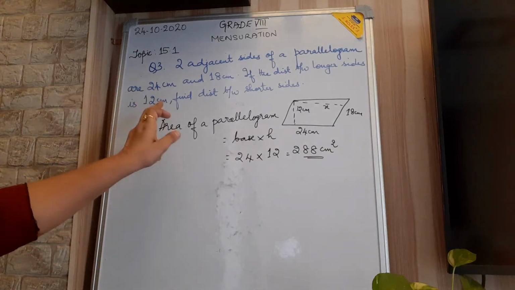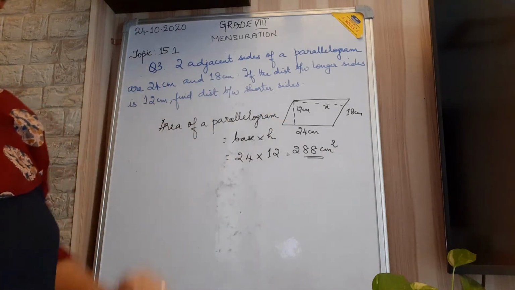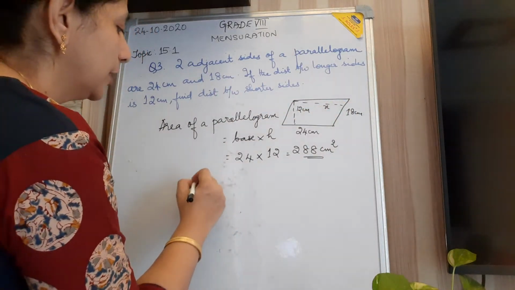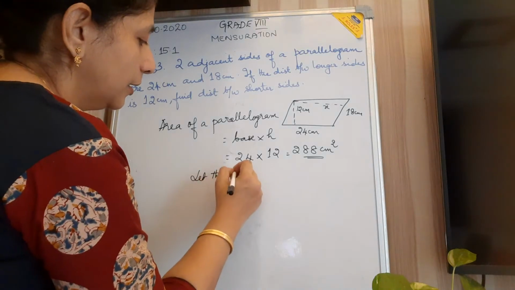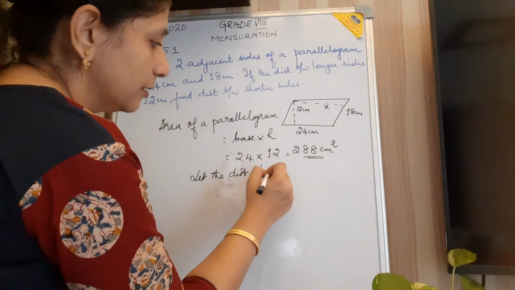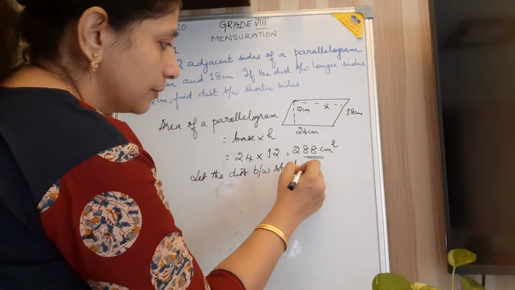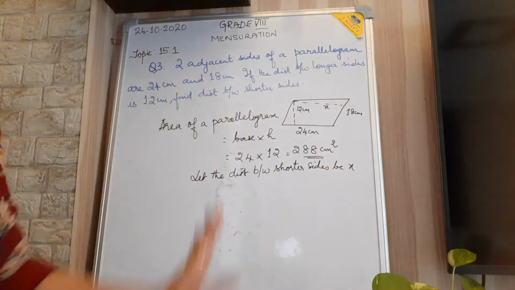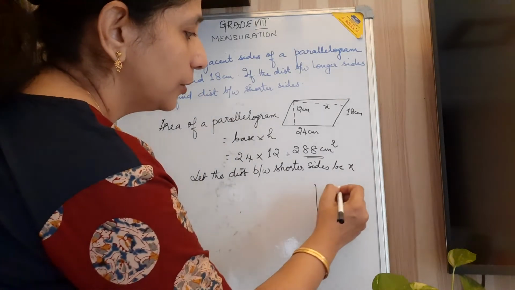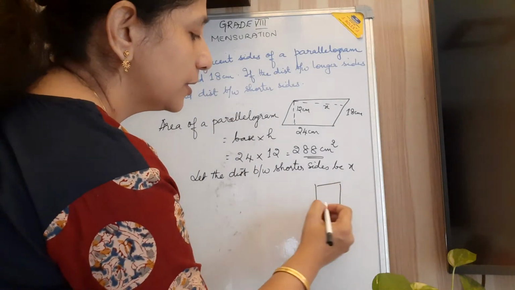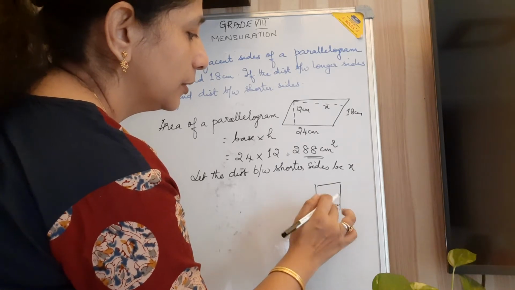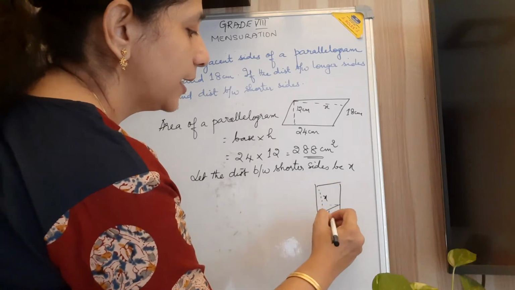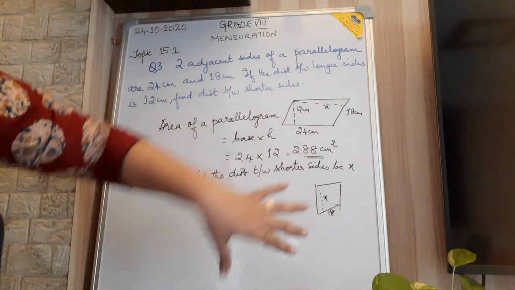Now they ask to find the distance between shorter sides. Let the distance between shorter sides be x. So you have to find this. The area is the same. This parallelogram I have just rotated it.